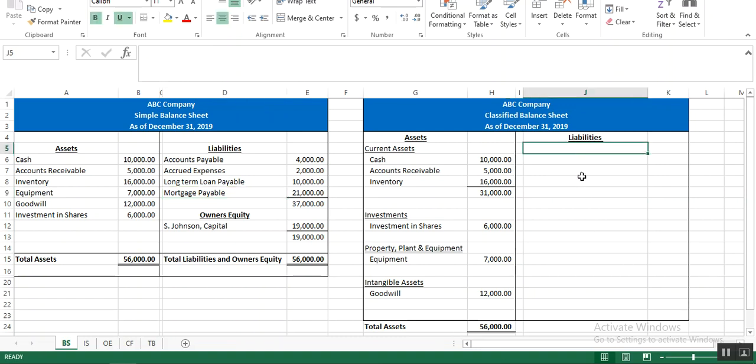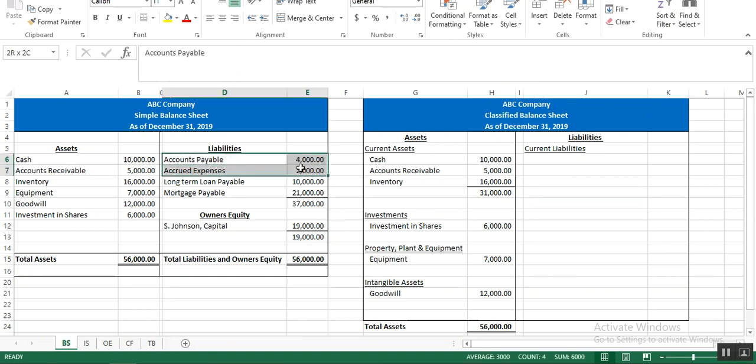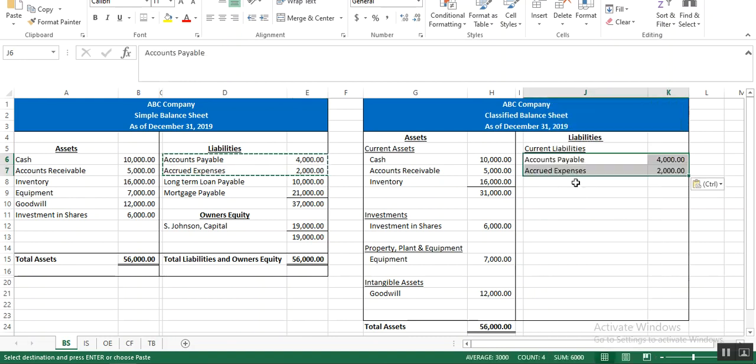So let's go back to our liabilities, and we can start with our current liabilities. Right, our current liabilities, and the only two, like we said, are accounts payable and accrued expenses, because they didn't tell us that they were long term, so we have to automatically assume that they are short term or current.